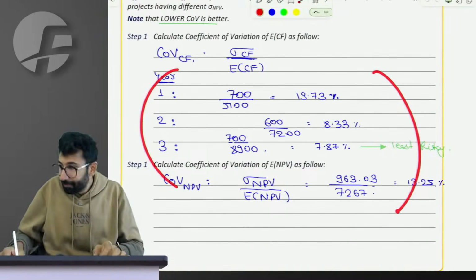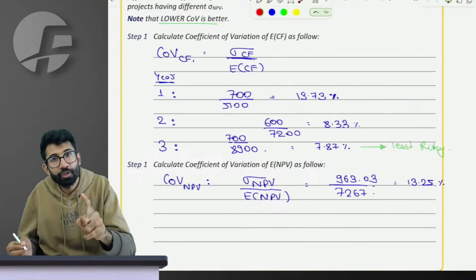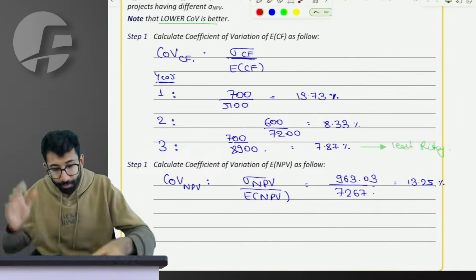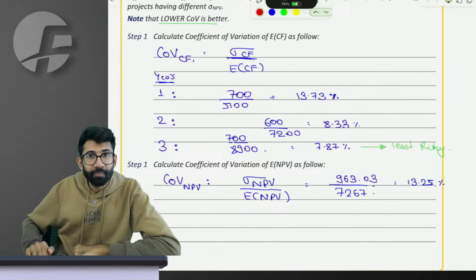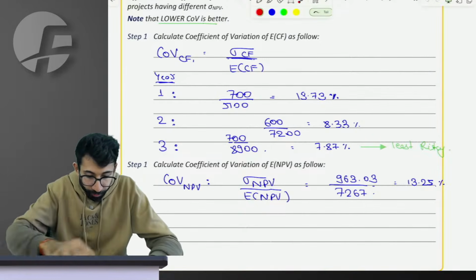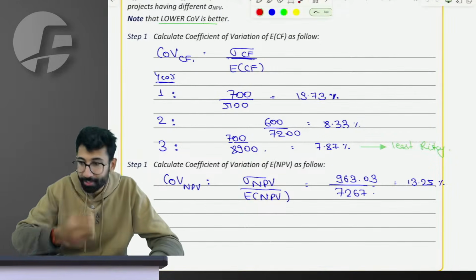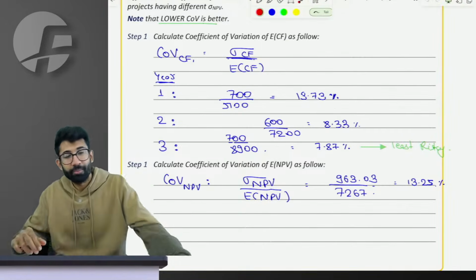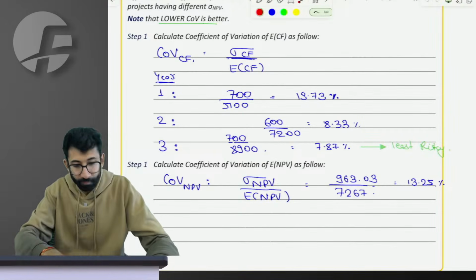In your understanding, should coefficient of variation be lower or higher for a given cash flow or a project? Would you want it to be as high as possible or as low as possible? Let's apply common sense.